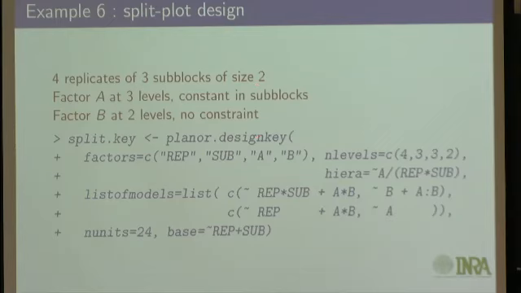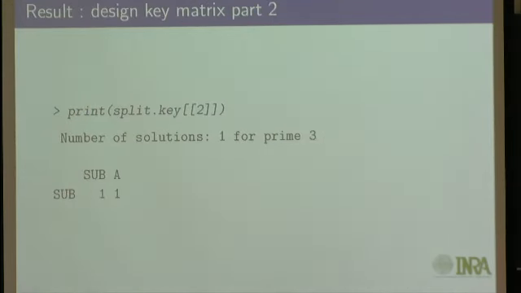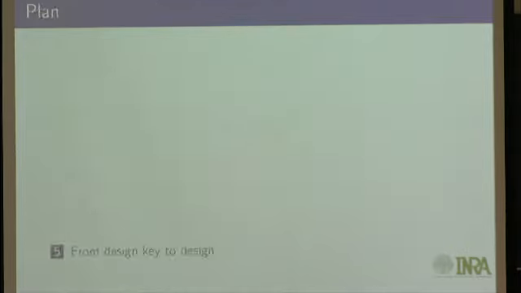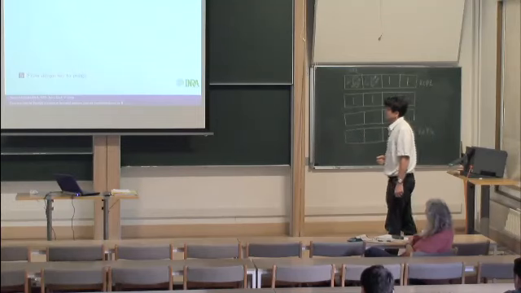So there are 2 primes involved, but the idea is the same. So instead of having 4 subblocks, we have 3 subblocks per block. And A has 3 levels, so we can do the same sort of idea, and it will work properly. So finally, I just want to say a few words on what to do after finding the design key.